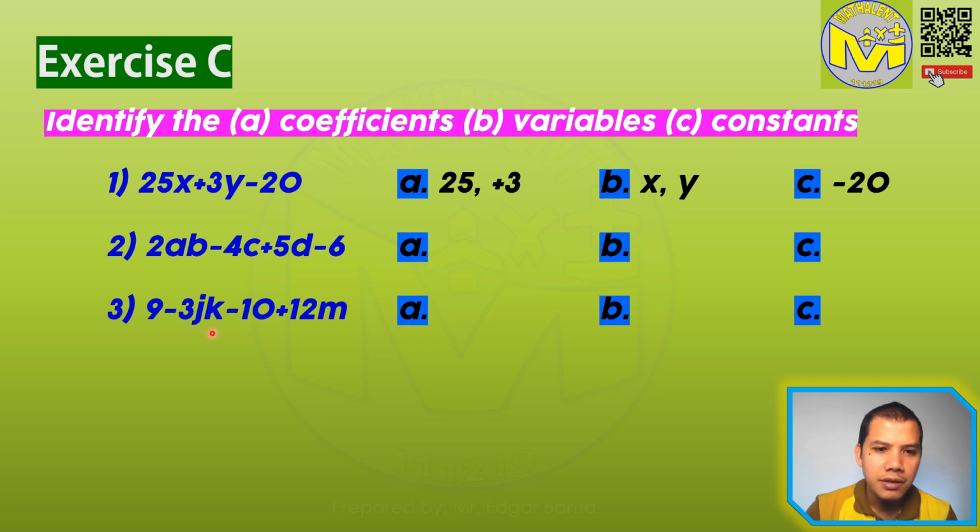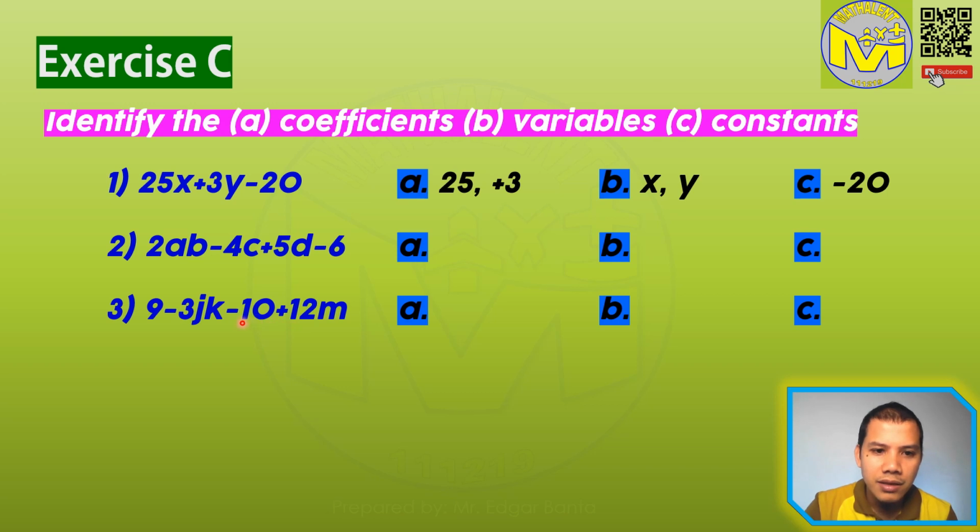How about J and K? J and K are variables, so write down here in letter B. Write J like this, J, comma, and K. Next, we have minus 10.